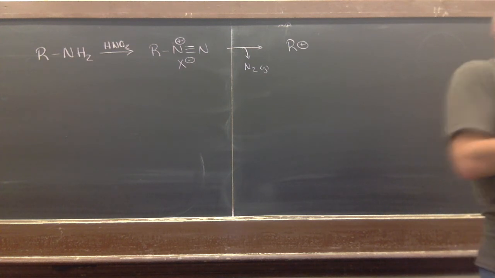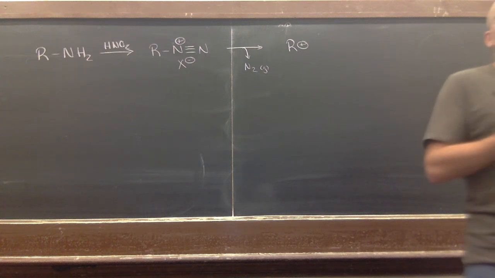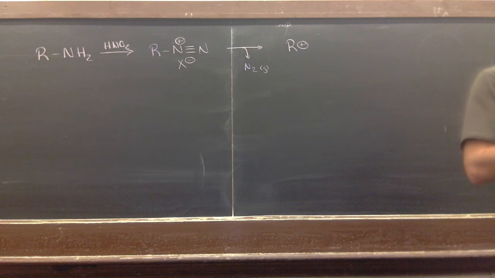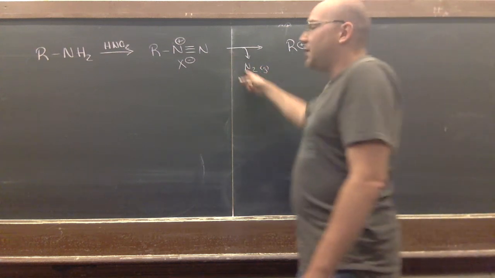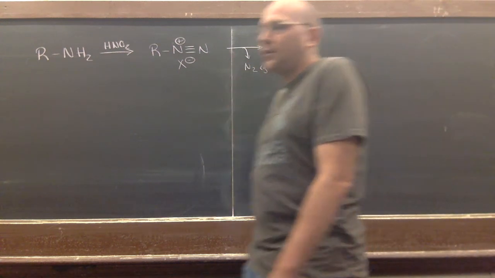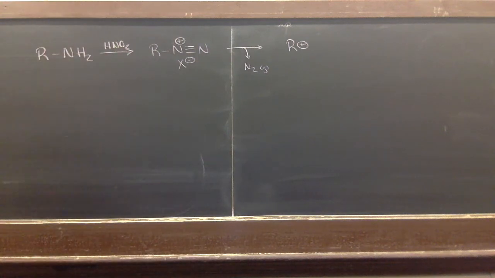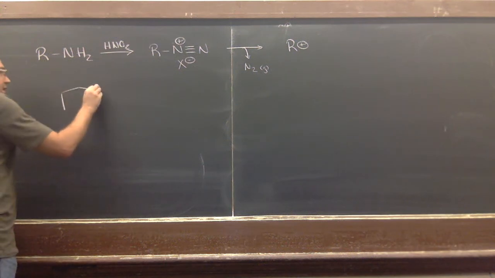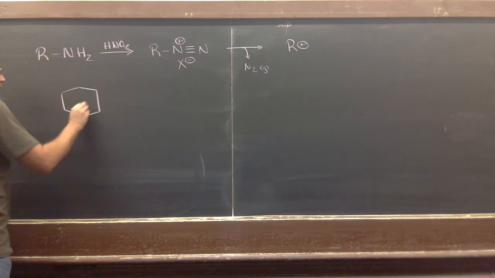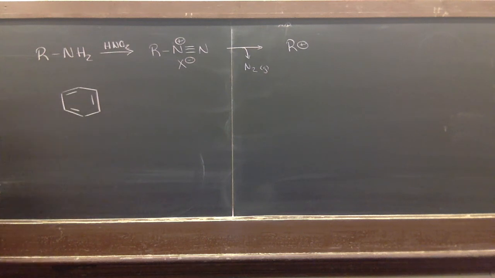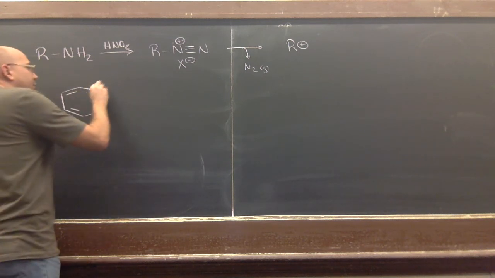There's a lot of chemistry you can do with nitrogen as a leaving group that we might not want to do with halogens, in large part because of this drive of a loss of nitrogen. And so one of the transformations that you see, I'm going off the cuff here to give you one example.